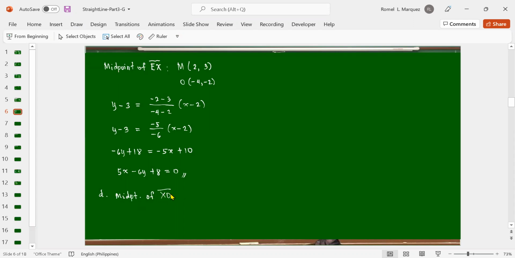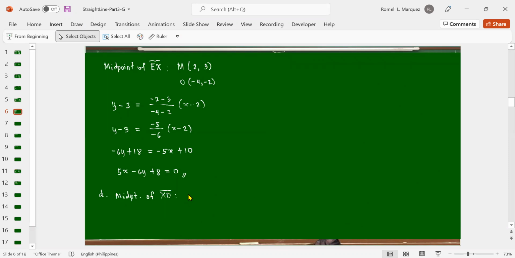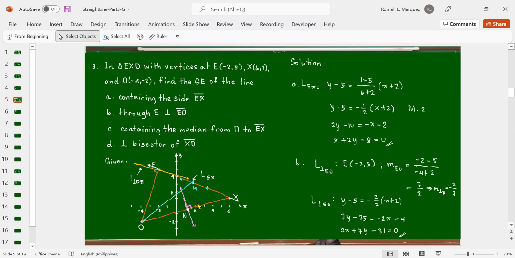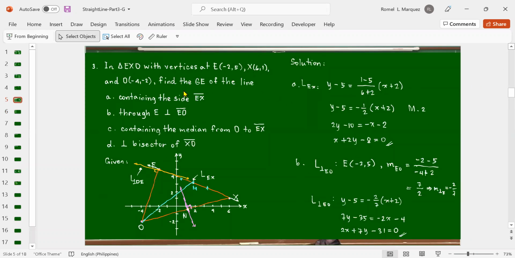Let's call that N. It is given by 6 plus negative 4, that is positive 2, divided by 2 is 1.